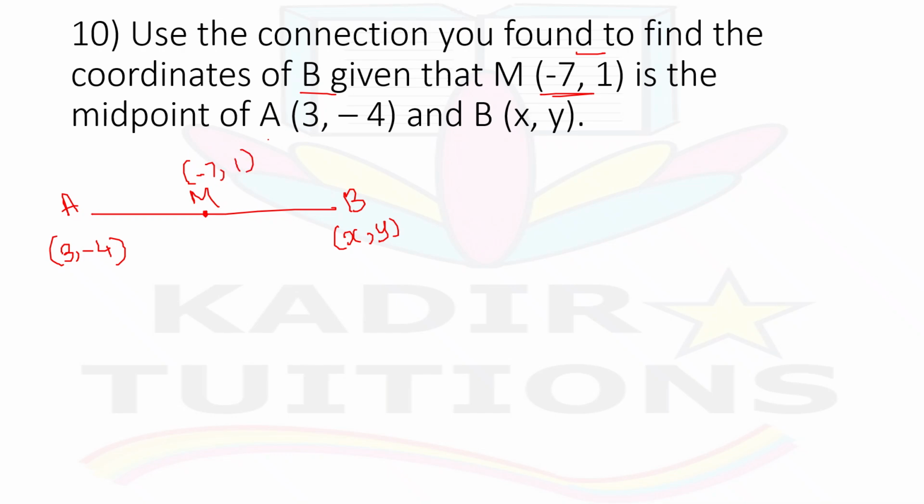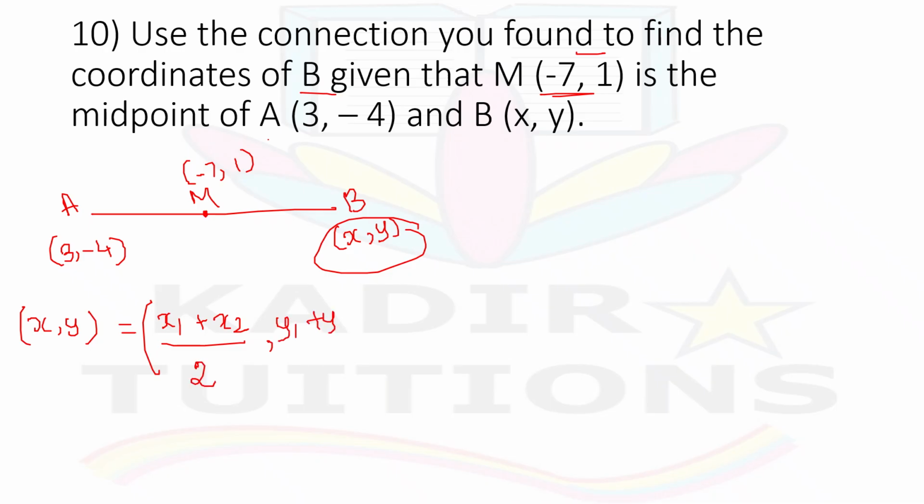So what is our question? We need to find the point B. And we know the midpoint formula, right? So (x, y), this is a midpoint. This midpoint can be retrieved from the formula: x1 plus x2 by 2, the average of the x coordinates, and y1 plus y2 by 2, the average of the y coordinates. Over here the midpoint we have is minus 7 comma 1, so that's not an issue.